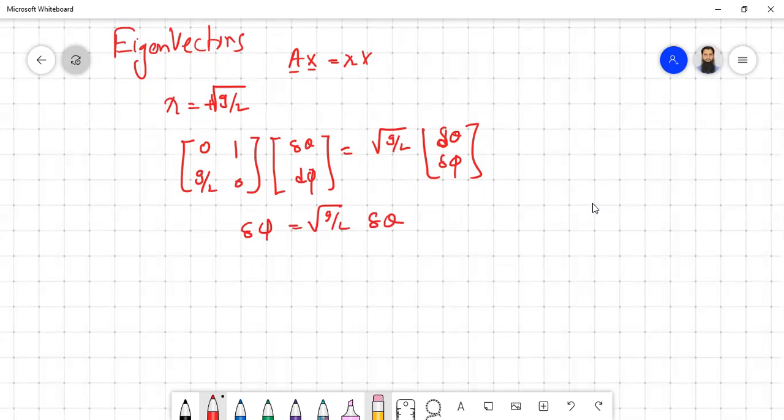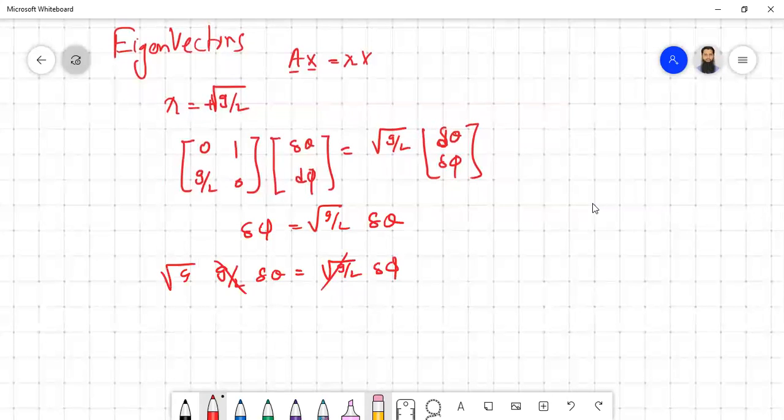This is one equation, and the other one is g by L del theta should be equal to root over g by L del phi. So you can just cancel this out, and eventually it remains the same whatever the scenario. It always gives the same equation. So here what we get is del phi equal to root over g by L del theta.